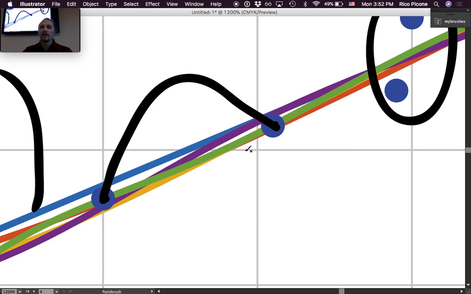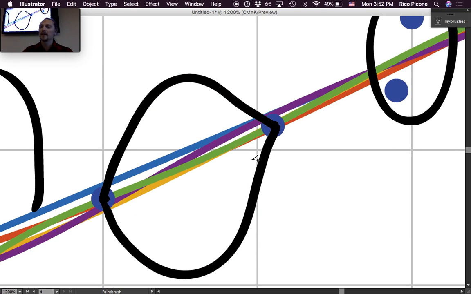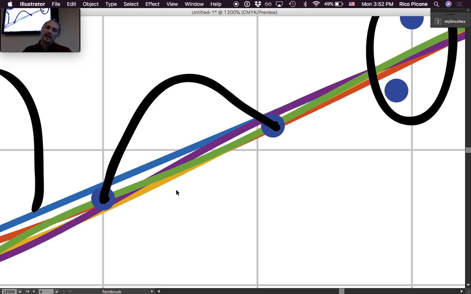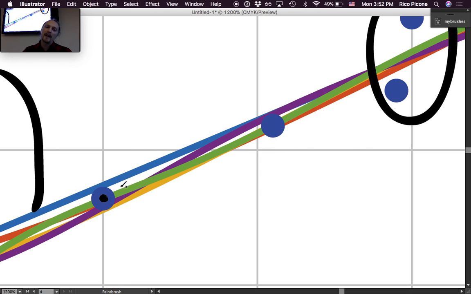Technically this curve works, and technically this curve works. There's a lot of curves that work, right? They go perfectly through these points. But we only have these 2 points, and it's not good to take too much stock in the points that you have, right?